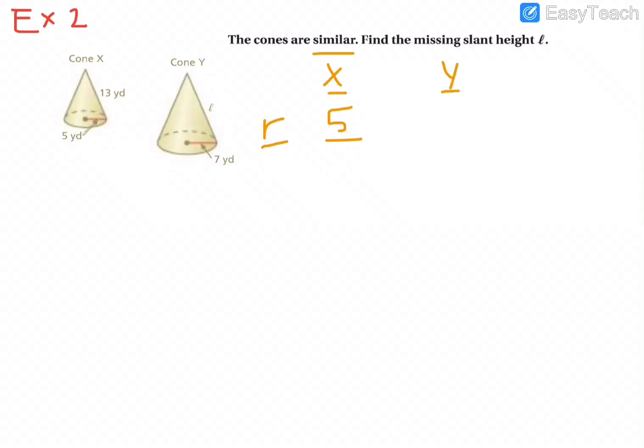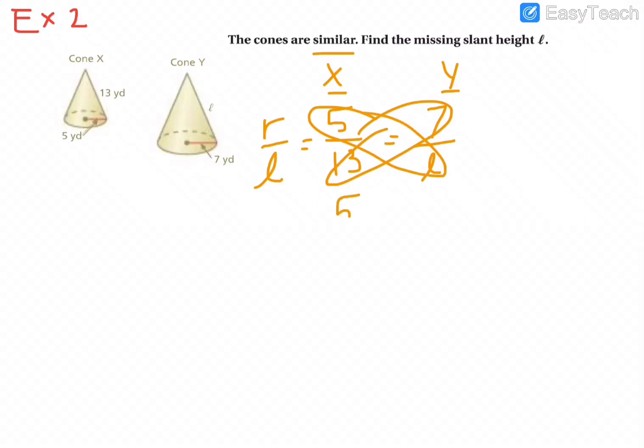So radius over slant height, I'm going to call that L, is 5 to 13. Set that equal to the cone Y radius, which is 7, over what we don't know. And then again, there's no easy multiplier from 5 to 7, so easiest thing to do is just cross multiply.